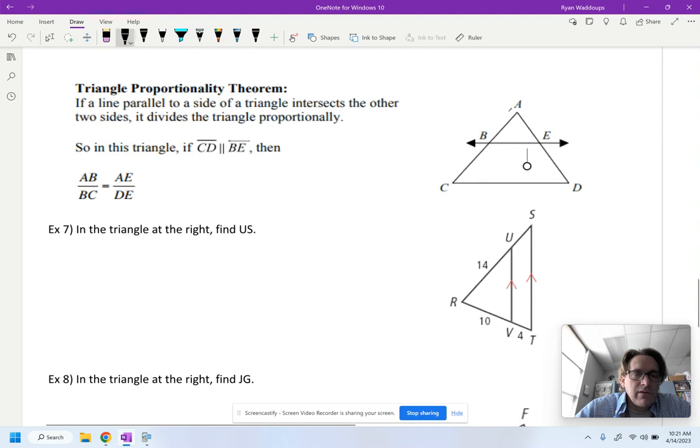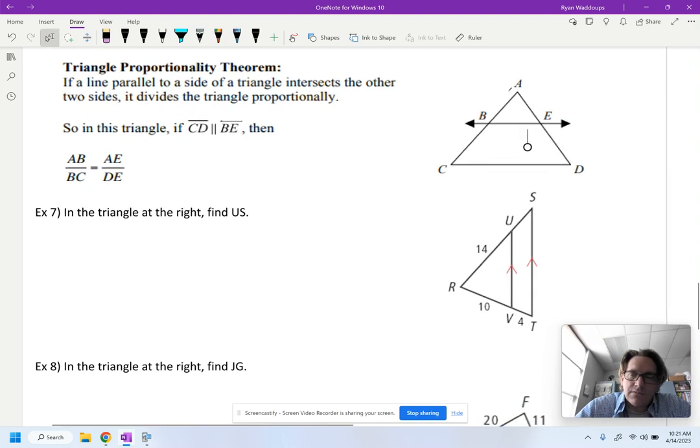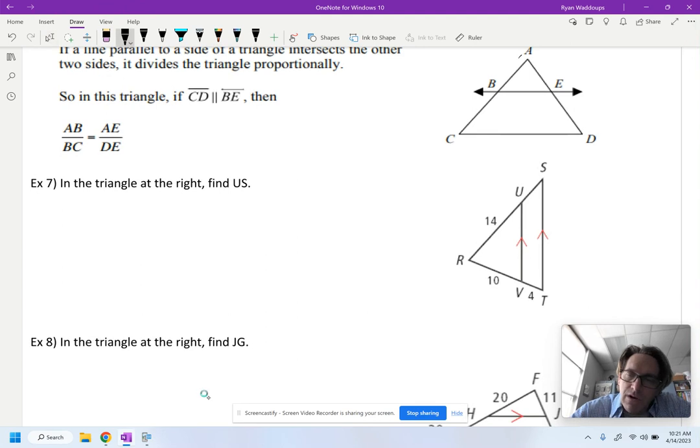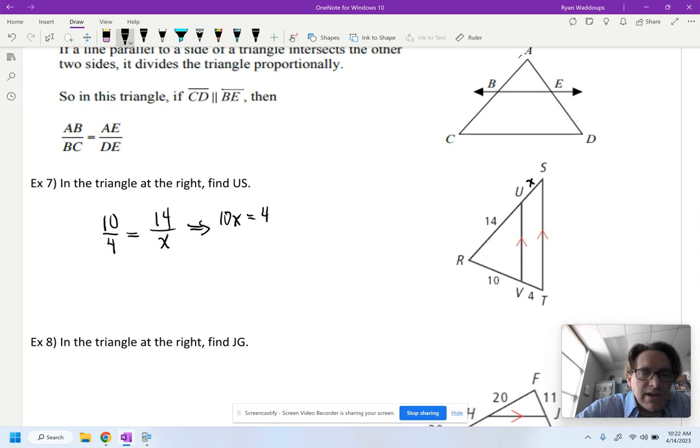All right. So in the triangle at the right, find US. Let's go ahead and mark US as being our X. And because these two sides are parallel, the triangle proportionality theorem applies. And I can say 10 is to 4 as 14 is to X. And then I use the cross products. 10 times X equals 4 times 14.